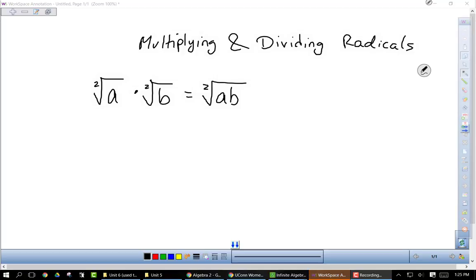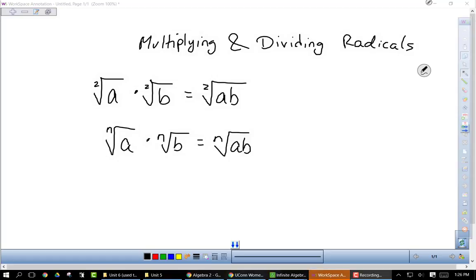The nth root of A, meaning the root is 2 or 3 or 5 or 58 or whatever the root is, times the nth root of B is the nth root of A times B. So the only way we can multiply square roots or cube roots or fifth roots is if the root is the same.